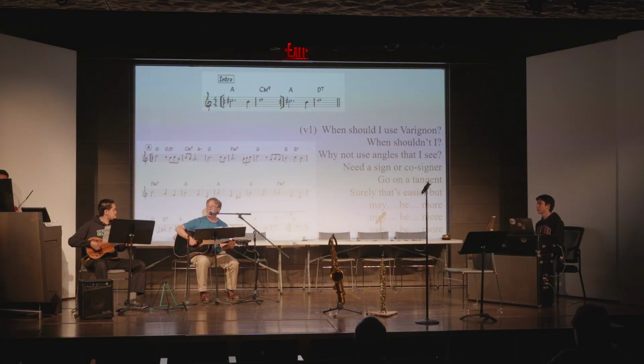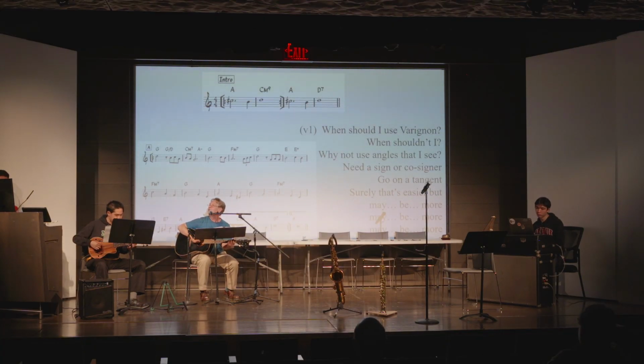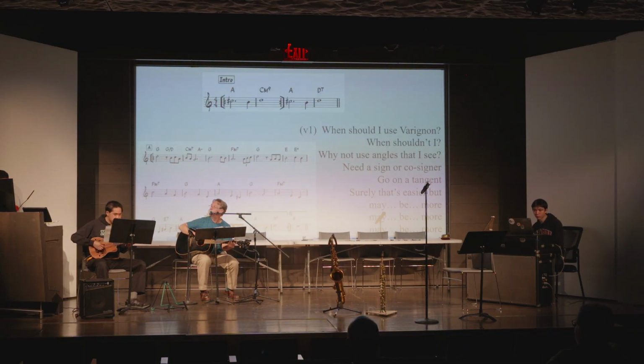Varignon, Varignon, Varignon. When should I use Varignon? When shouldn't I? Why not use angles that I see? Need a sine or a cosine, or go on a tangent. Surely that's easier, but maybe more.